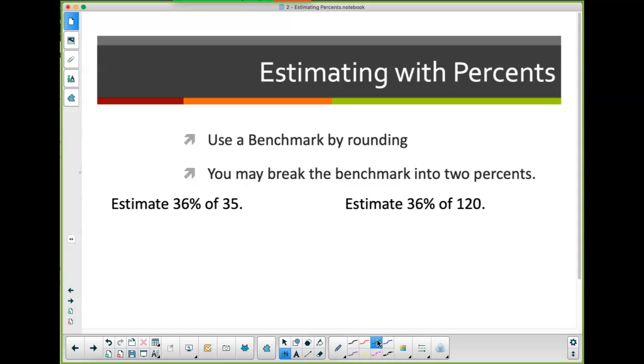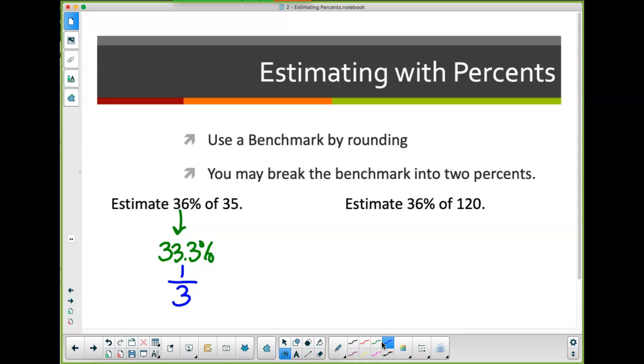If I look at that table, what is it maybe closest to that I could use? Go ahead, Savannah. 33.3. So I'm going to change this to 33.3%. And I did that because I want 1/3. 1/3 is easy to figure out in my head, because I just have to divide by 3.